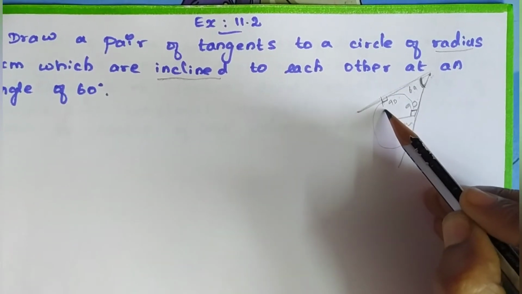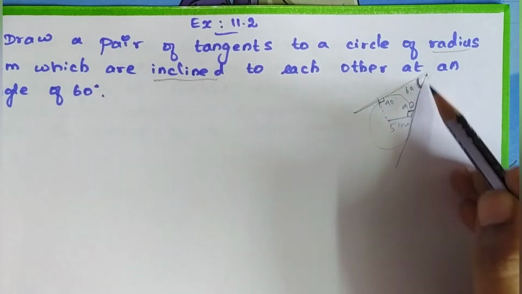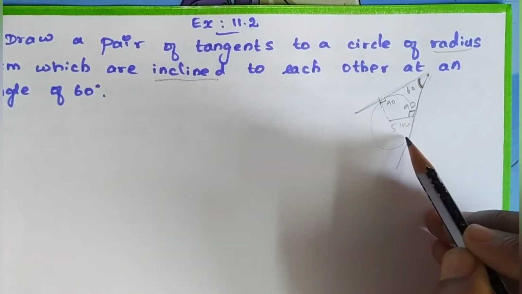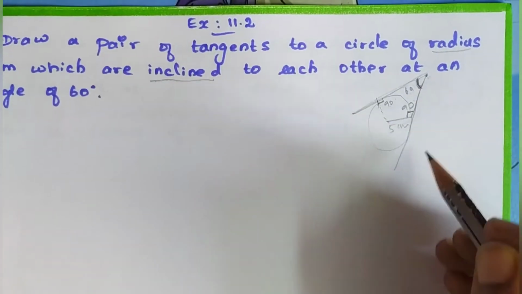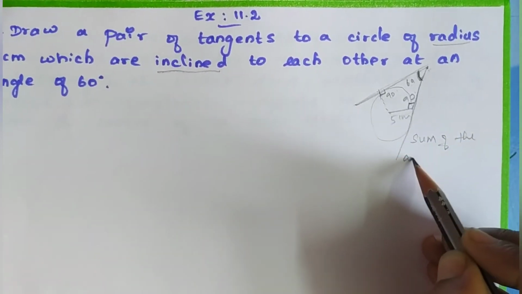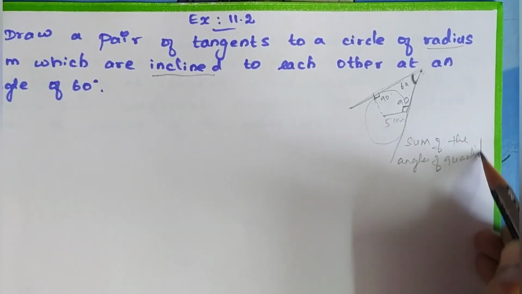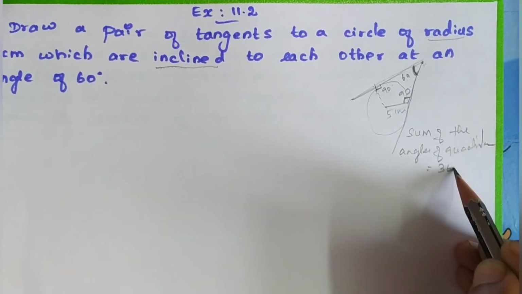This is 90 degree, this one is 90 degree, and this is 60 degree. If we join, we will get a quadrilateral with 4 vertices and 4 sides. The sum of the angles of a quadrilateral is equal to 360 degree.